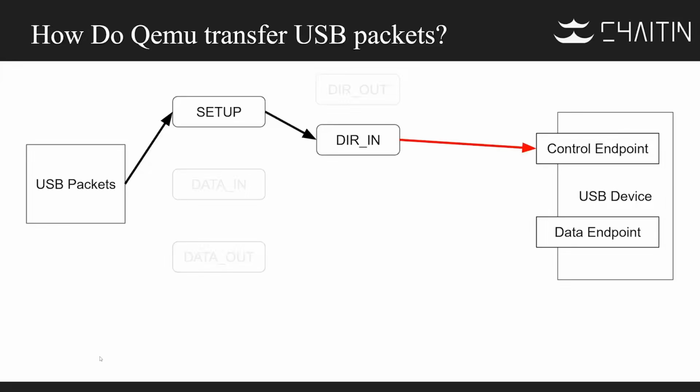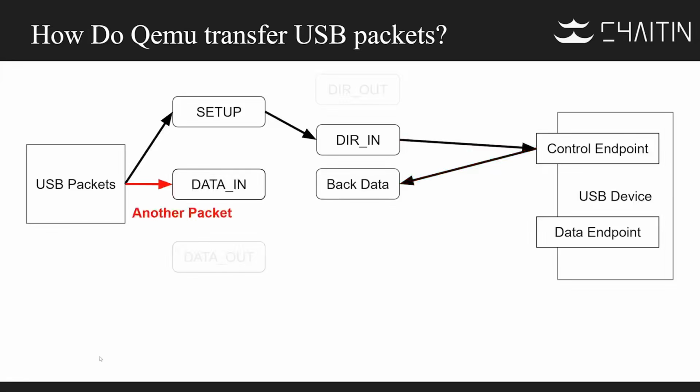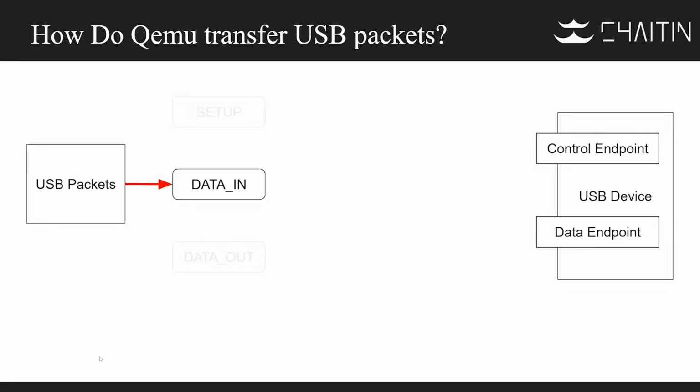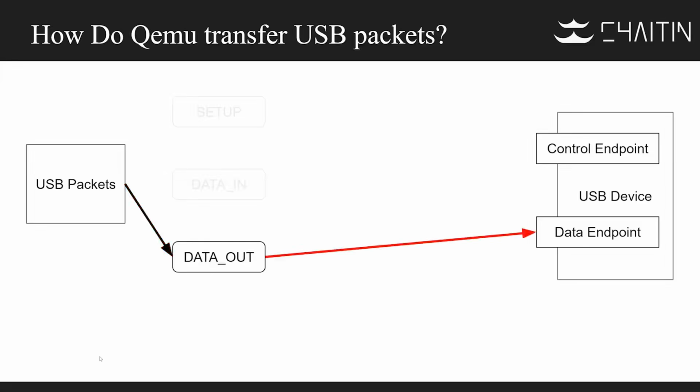There will be some back data from the USB device. You need to send another data in packet to read the data back. If it's a data in packet or a data out packet, QEMU will just transfer it to the data endpoint of the USB device. This is the general logic of QEMU processing packet transmission.